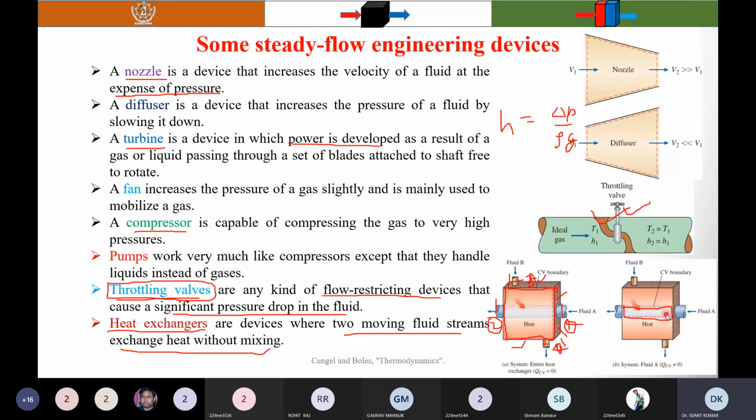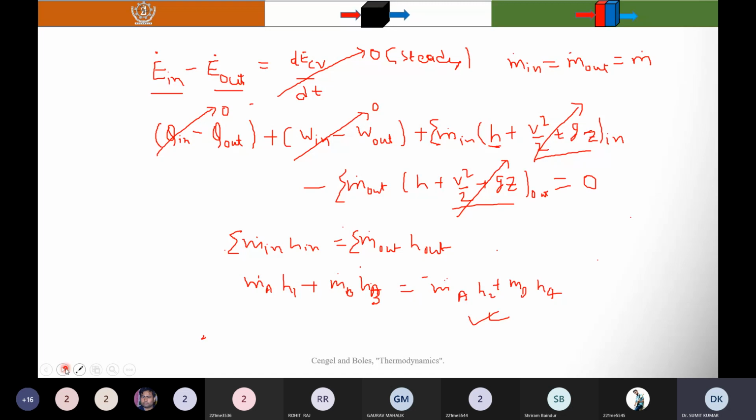So fluid B is exchanging energy with fluid A, and fluid A is my system. So at this time the heat transfer is not 0, so you should consider the Q. Here you can consider the Q in. Q net, I am talking about Q net.